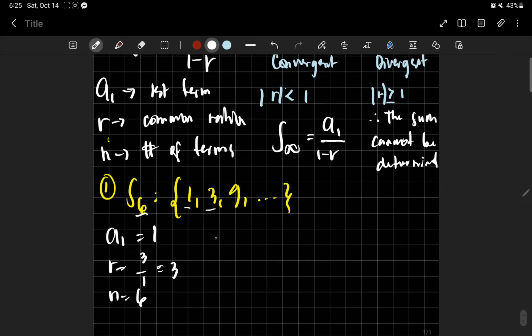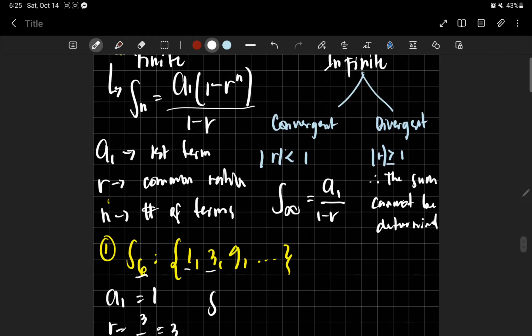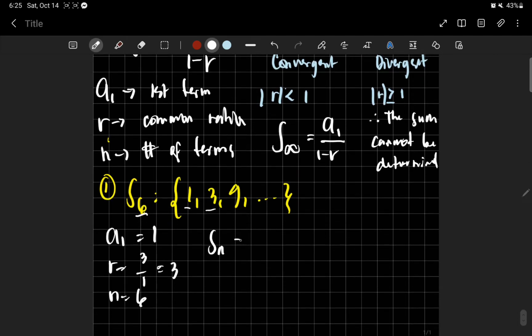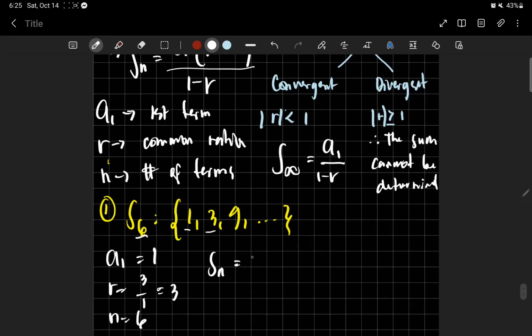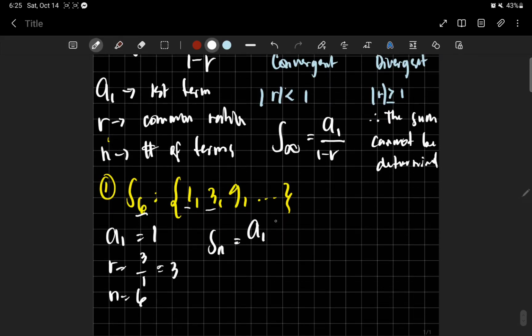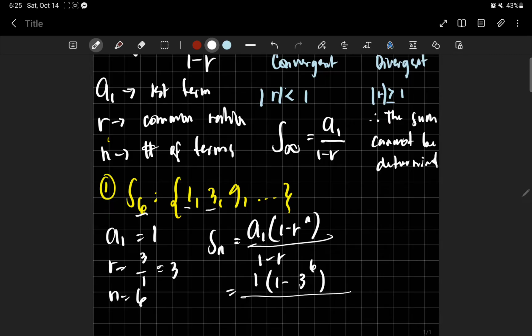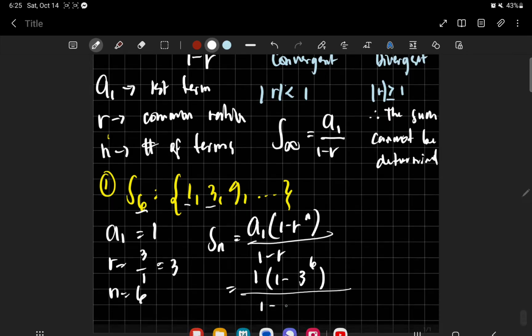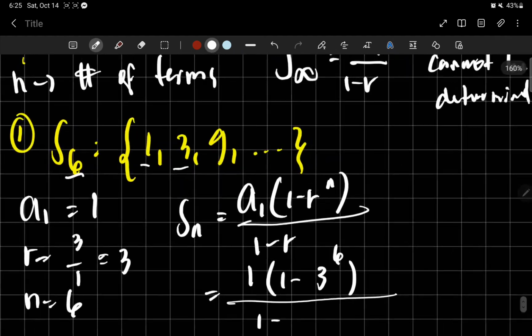And using the formula of a finite geometric sequence, that is S sub n is equal to a sub 1 times 1 minus r raised to n over 1 minus r. Okay, so the first term is 1 times 1 minus the common ratio of 3 raised to 6, over 1 minus the common ratio of 3.